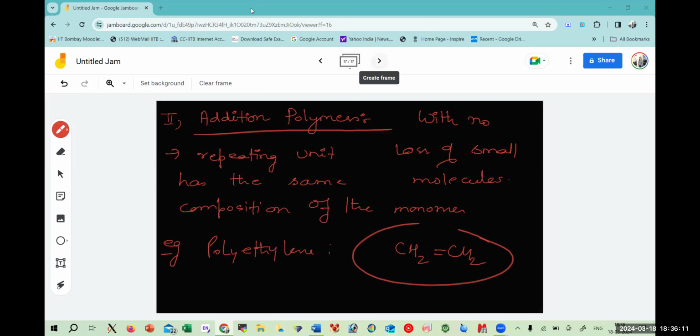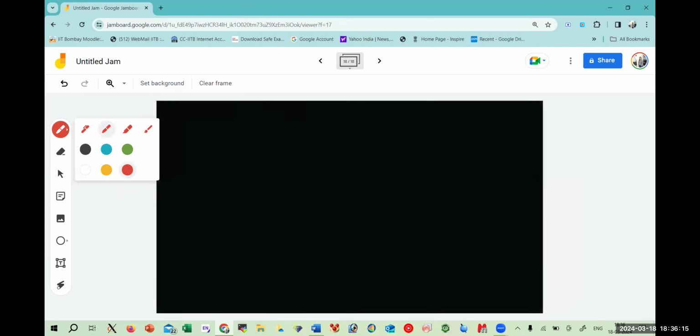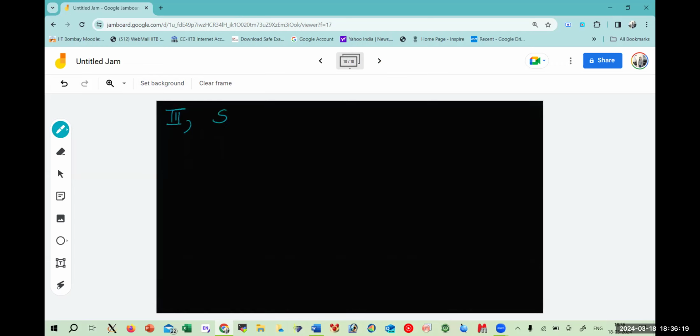Now we are moving to our third classification, which is step growth polymers. Name itself suggests what is happening here.